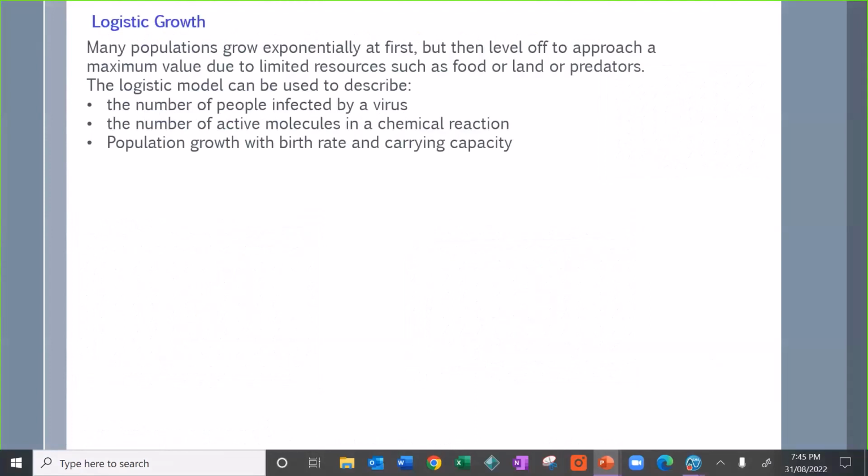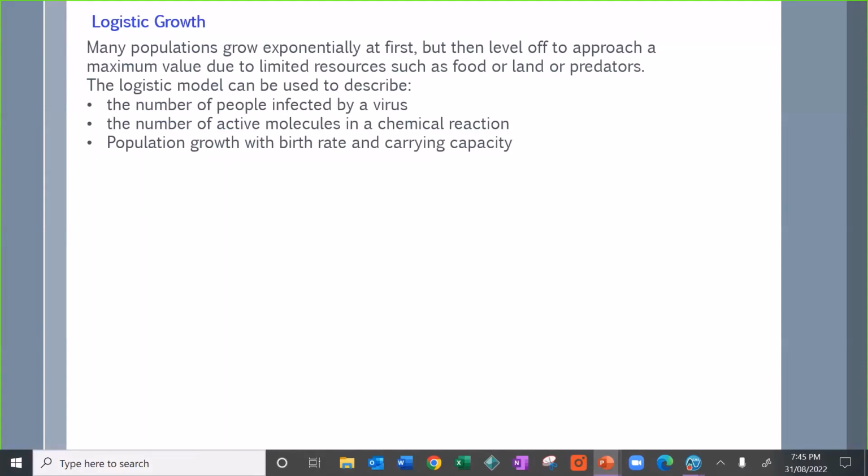So basically, many populations would grow exponentially at first, but then because of the limited resources of land, food, predators, as we see, this S shape occurs because the rate of growth slows down after the point of inflection. The logistic model can be used to describe the number of people infected by a virus.